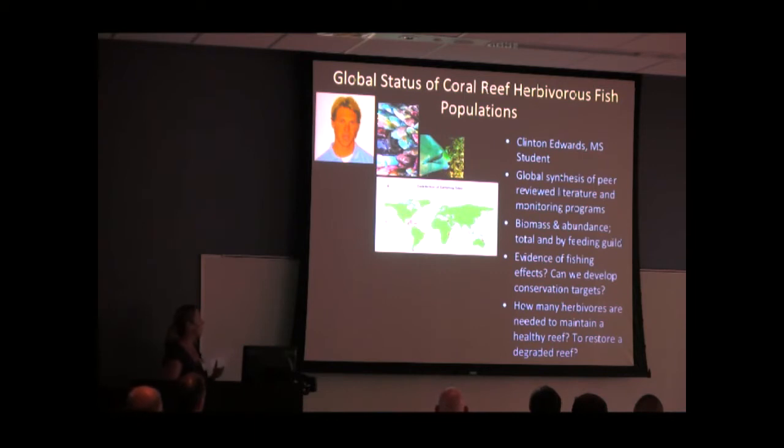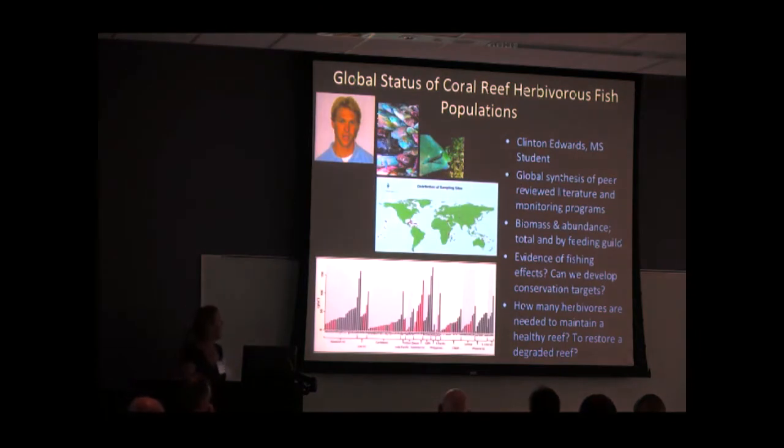Is there evidence that herbivorous fishes have declined on fished versus unfished reefs? Not really rocket science, but aside from small regional studies, there hasn't been a global analysis of these questions. And he'll be presenting these data at ICRS, so I'm not going to focus on them, but just to show you a brief glimpse across many different archipelagos around the world.